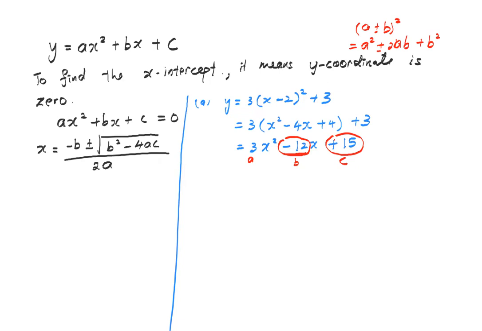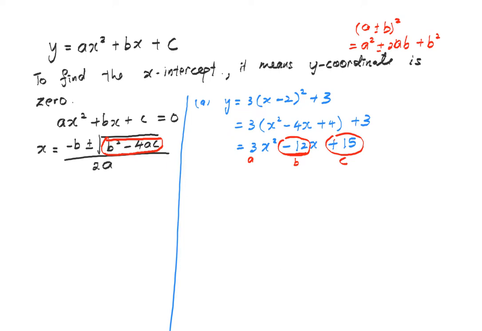Whether a quadratic function has an x-intercept or not is determined by this part, which we call the discriminant. As long as we know the value of the expression b squared minus 4ac, we will be able to know whether there is an x-intercept or not.